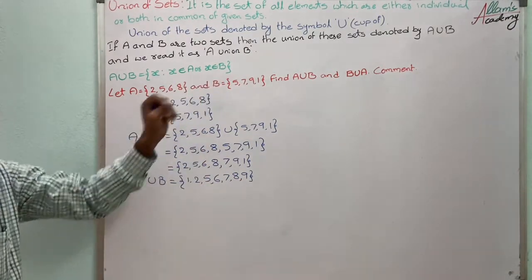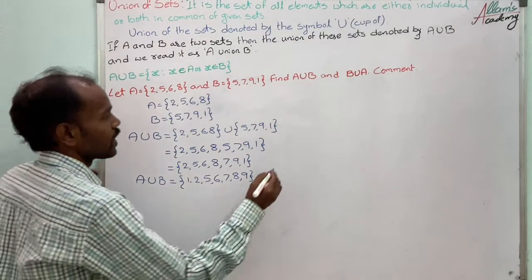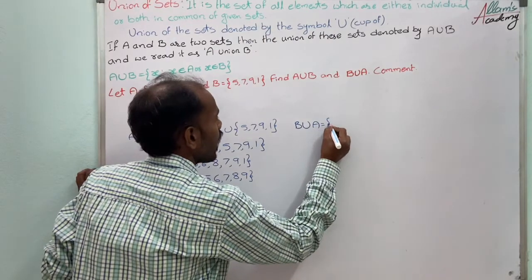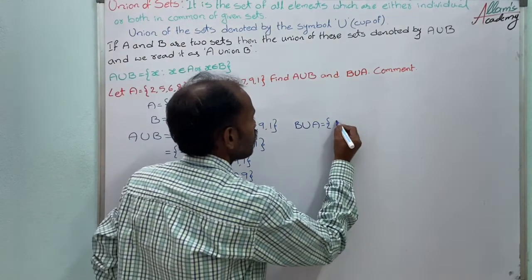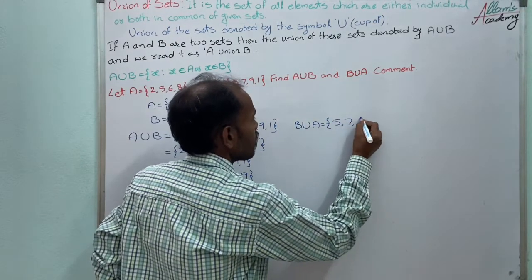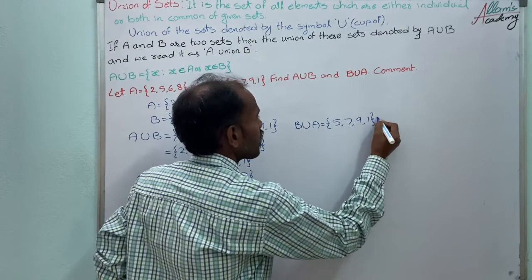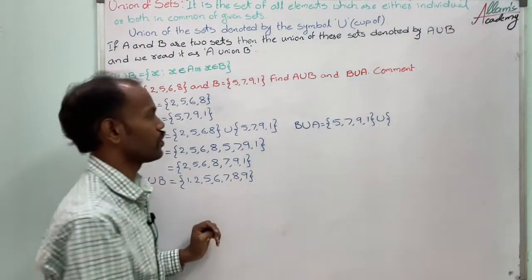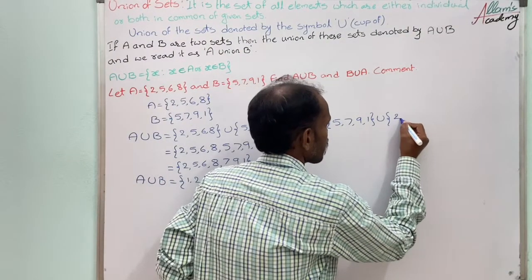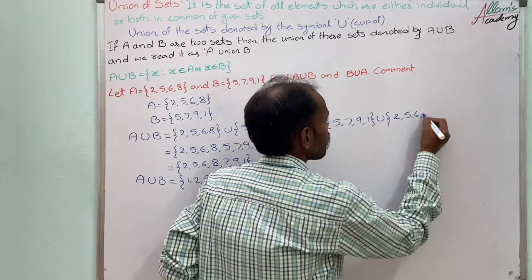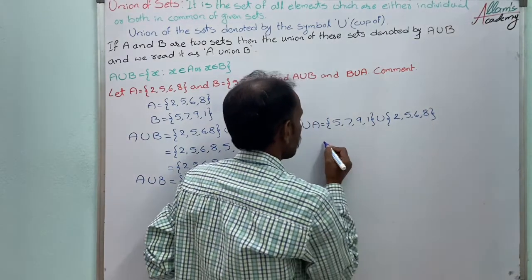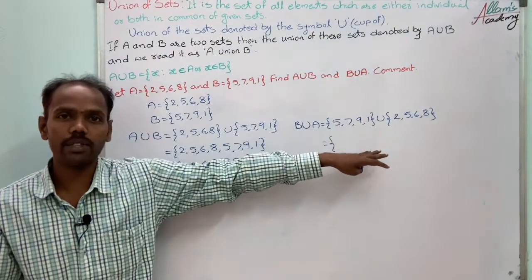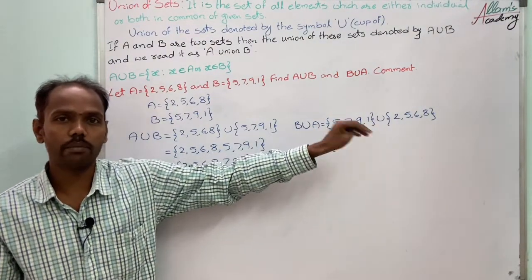Now we find B union A. The set B equals {5, 7, 9, 1} union the set A equals {2, 5, 6, 8}. We already said union means all the elements in the given sets are present.